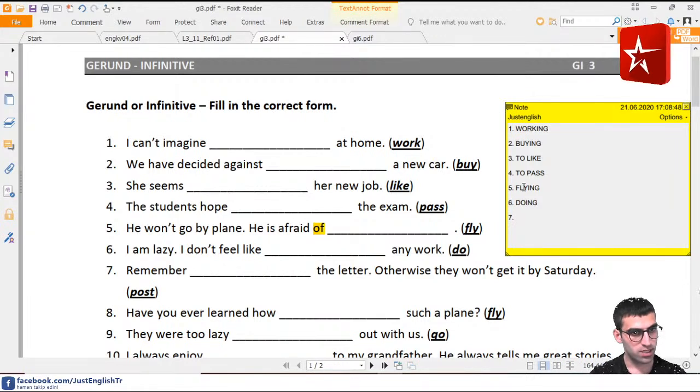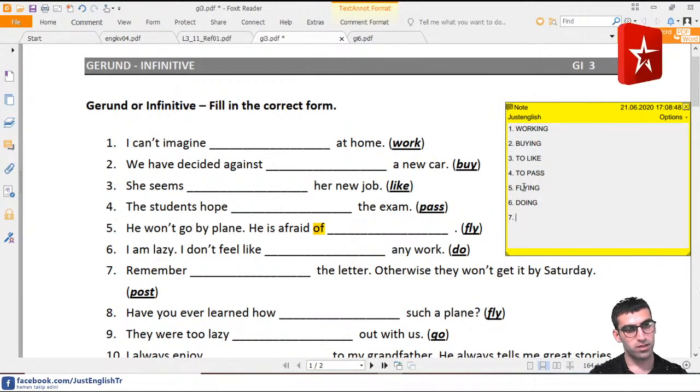Havabulut says, teacher, why? Because feel like needs gerund. Okay, we have some verbs that require gerund, not infinitives. That's why we have to use doing. I don't feel like doing any work.